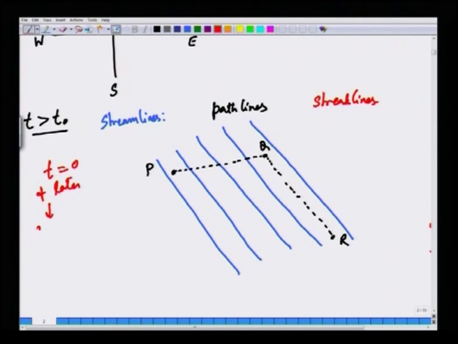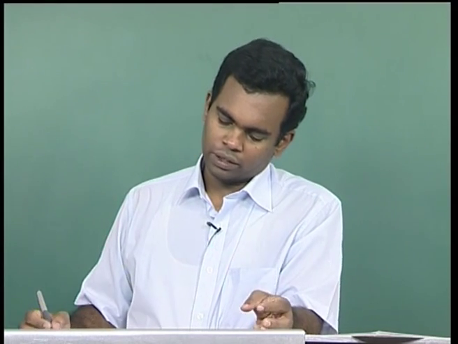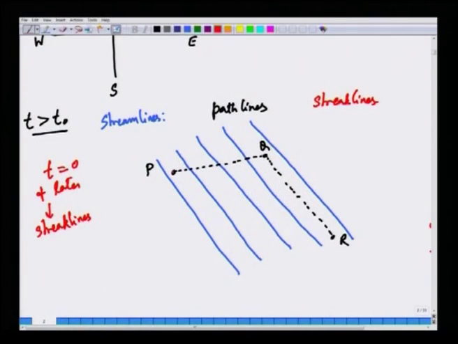Streak lines are formed by dye molecules, or here in this case of air, puffs of smoke that are continuously introduced from t equal to 0 and later. The puff of smoke that was introduced at t equal to 0 would be identical to the path line. It will go from P to Q up to t equal to t naught, and from Q to R from t naught to t, the current time.